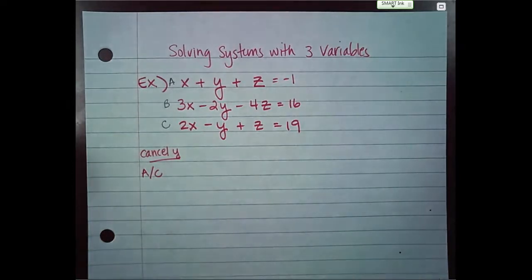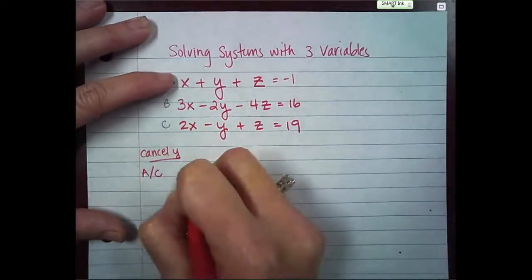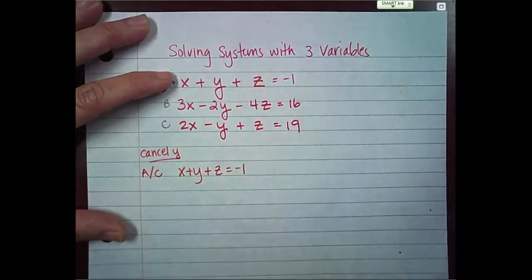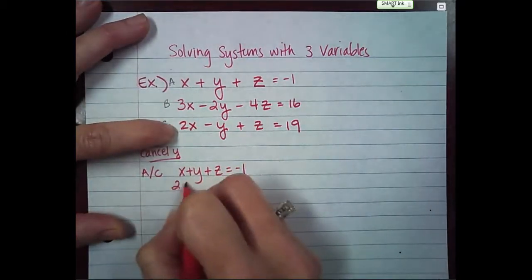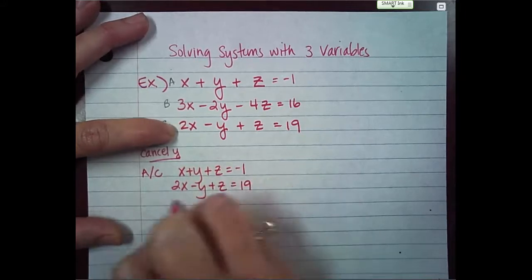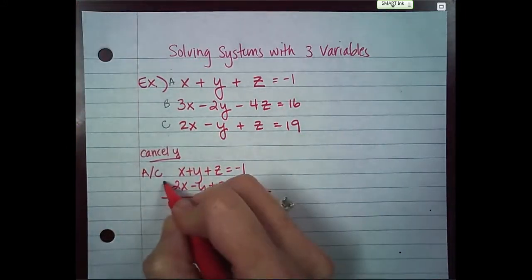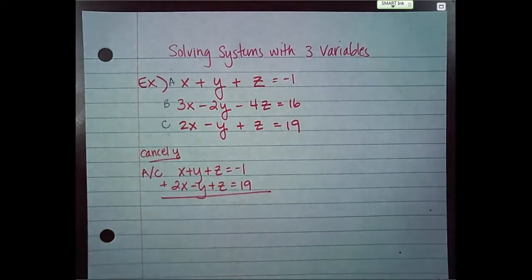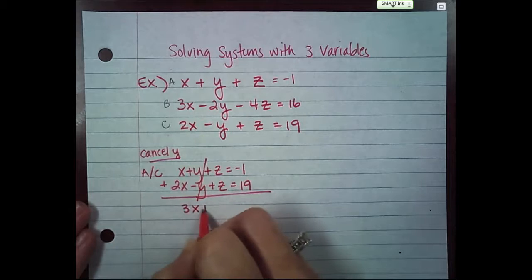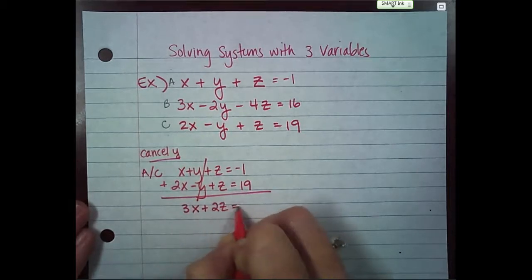Now then, let's write down A and C, which is going to be x plus y plus z equals -1. And C is 2x minus y plus z equals 19. Remember, we add them. So my y's cancel, and you end up with 3x plus 2z equals 18.